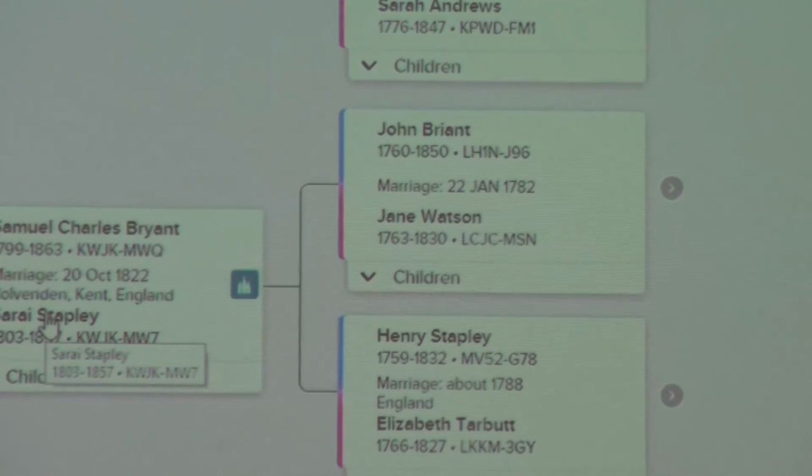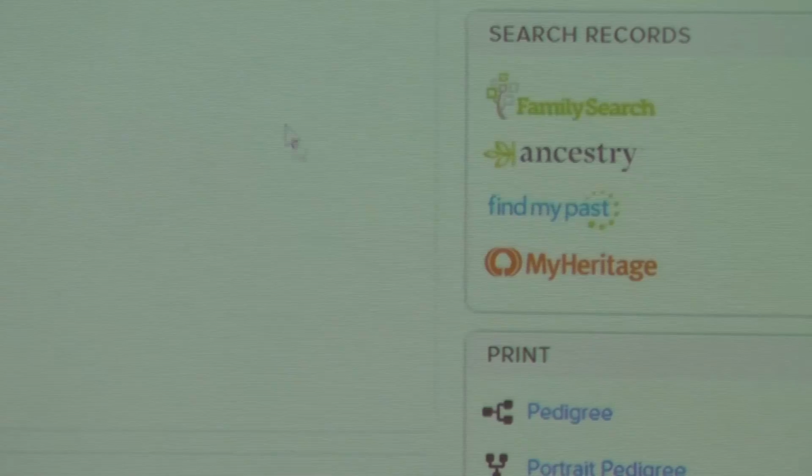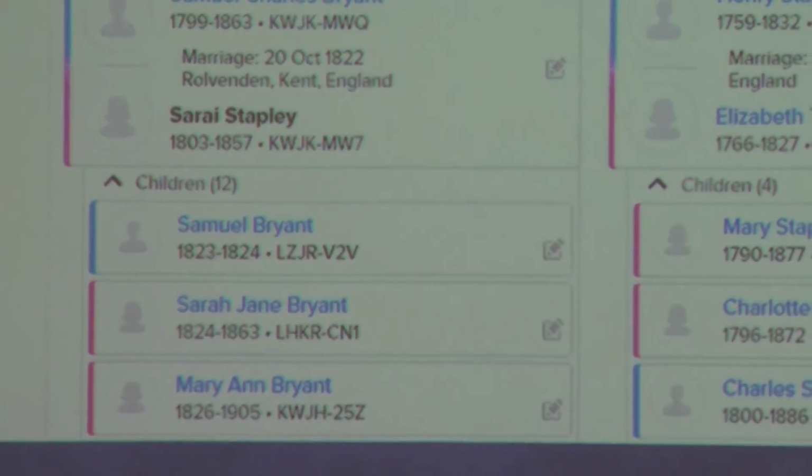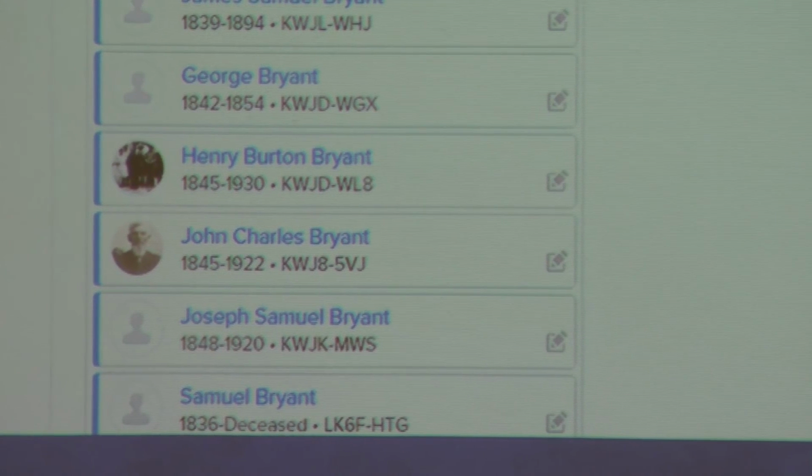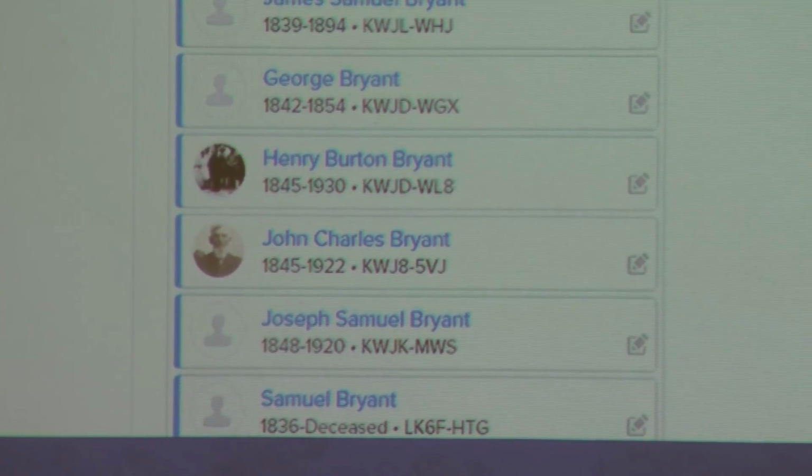And then I need to get into the Stapley line. It helps if you know who you're related to. That's one of the very, very helpful things.